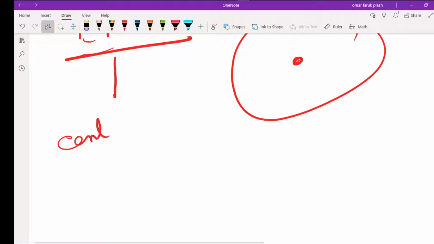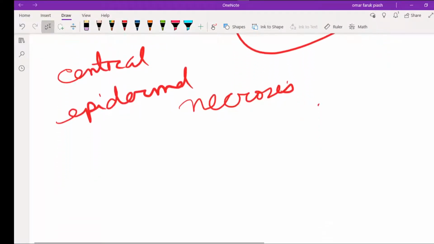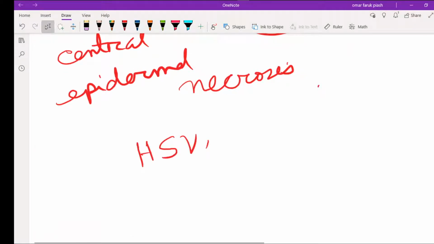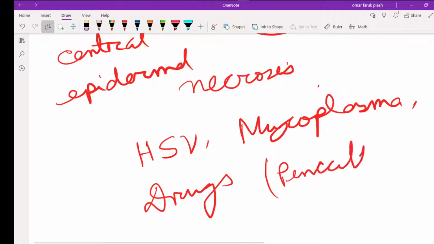This is due to central epidermal necrosis surrounded by erythema. It is most commonly associated with HSV, mycoplasma, and drugs like penicillin and sulfonamide.